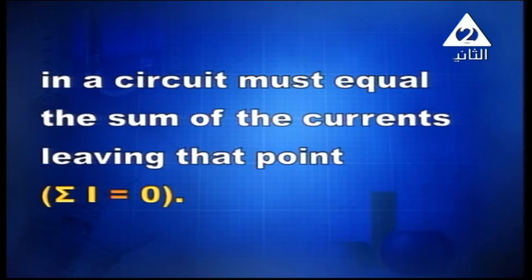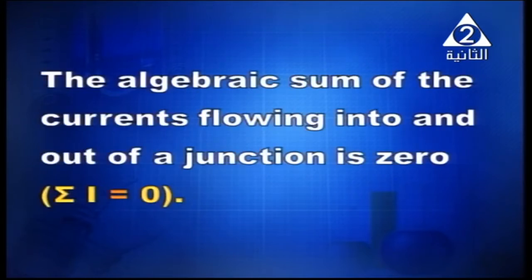The expression we usually use is summation of current equals 0. Also, we can say the algebraic sum of the currents flowing into and out of a junction is 0. Once again, summation of current equals 0.